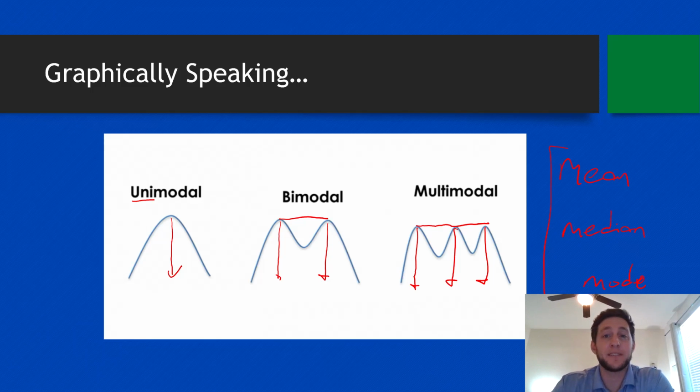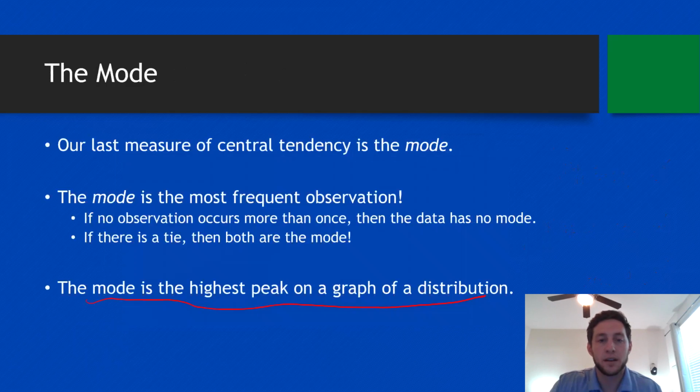I'll give you a big set of data and I'll say, hey, find all three. Notice that with mean, you have to add up all the values and divide by the total number of values present. With median, you first arrange in order of ascension and then you cancel until you get to the middle value. And with mode, you literally just pick the value that appears the most often.